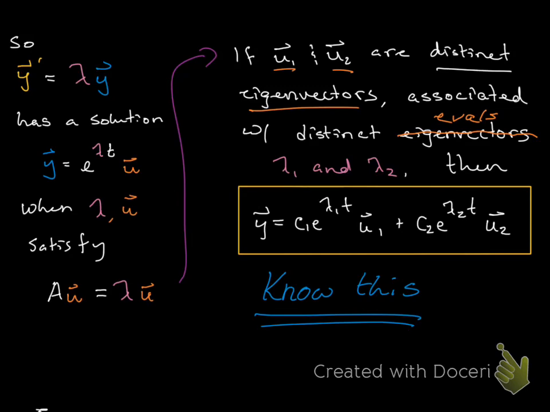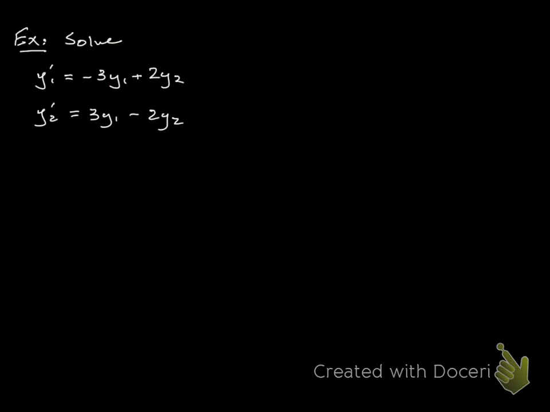So it's a little bit involved, but in practice, it is really pretty straightforward. I want to get to an example here. Let's solve y1 prime equals minus 3y1 plus 2y2, and y2 prime is 3y1 minus 2y2. So there's my system of differential equations, and what I want to do is write this in its matrix-vector form.